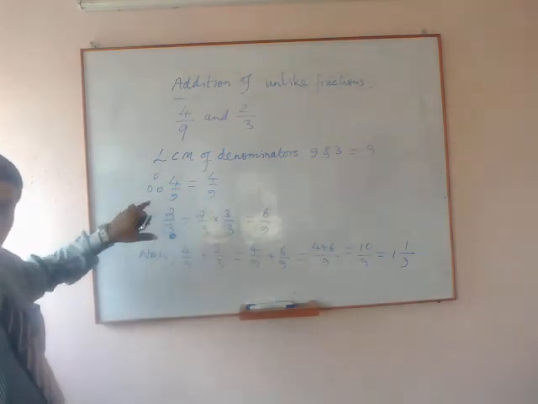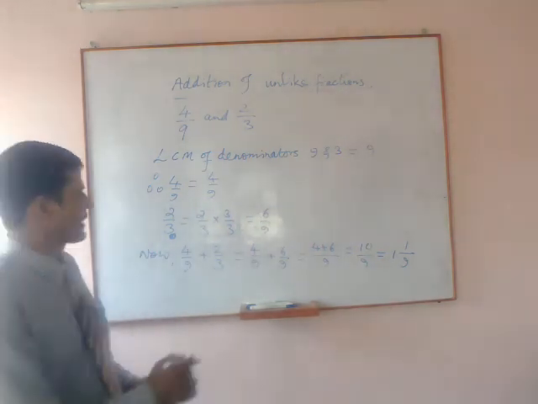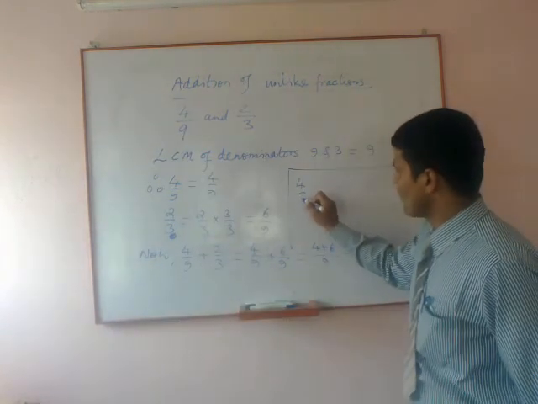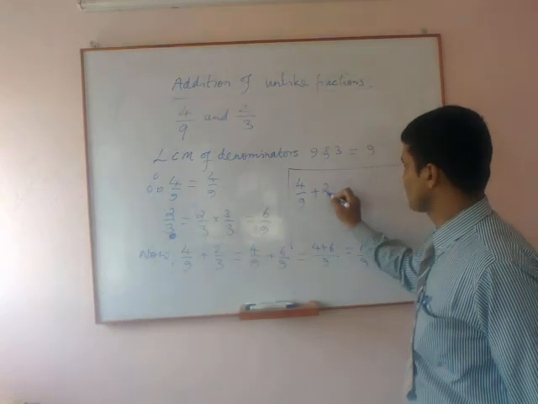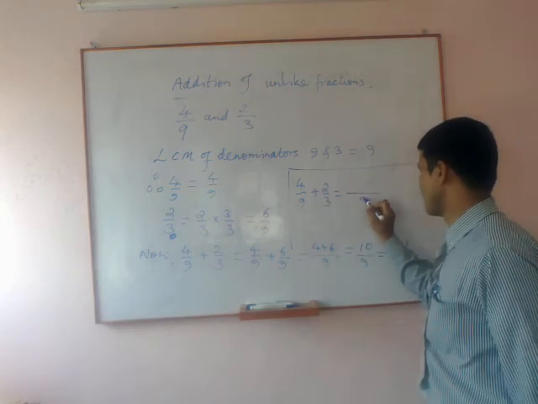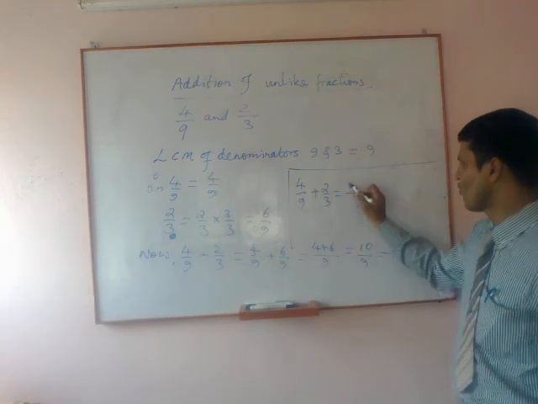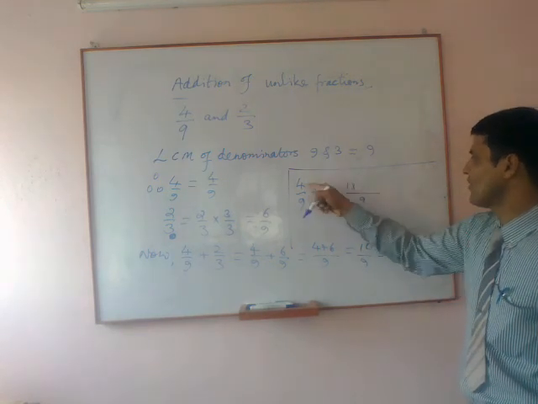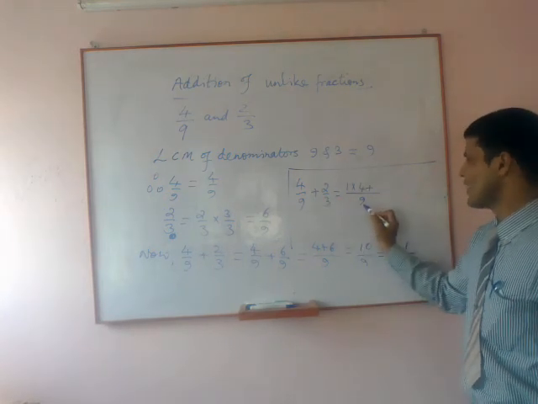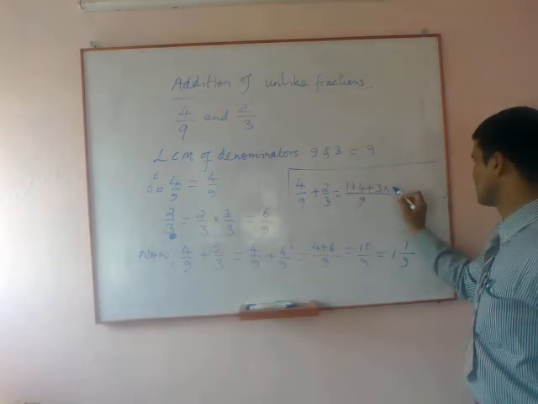The method can also be used in a slightly different way. That is 4/9 plus 2/3 equals, LCM of 9 and 3 is 9, so we write 9 here. Then 9 divides 9, 1, multiplied by numerator, that is 4. Then here is plus, 3 divides 9, goes 3 times, multiplied by numerator, that is 2.